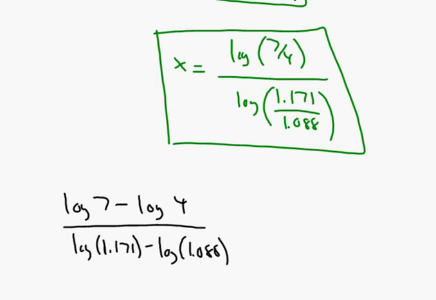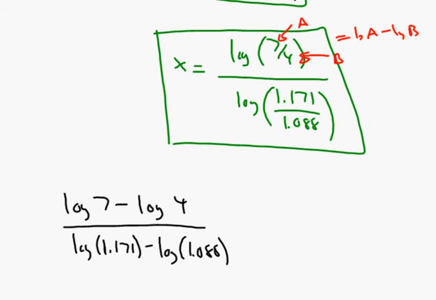And if you think about that, that's really the second rule of logs, right? The log of a divided by b, if this is acting like a and that's acting like b, then this equals the log of a minus the log of b. You can do that, right?